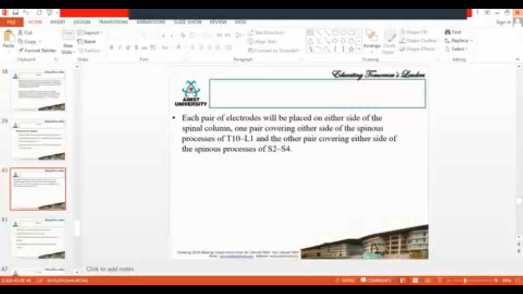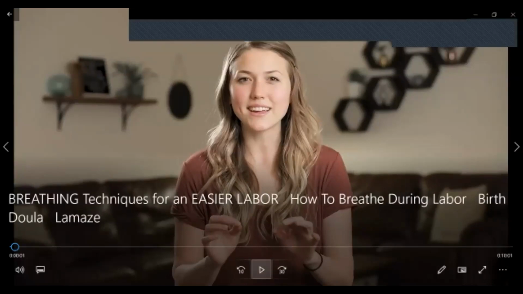First, we will see about the breathing. Take a second to imagine a woman in labor.